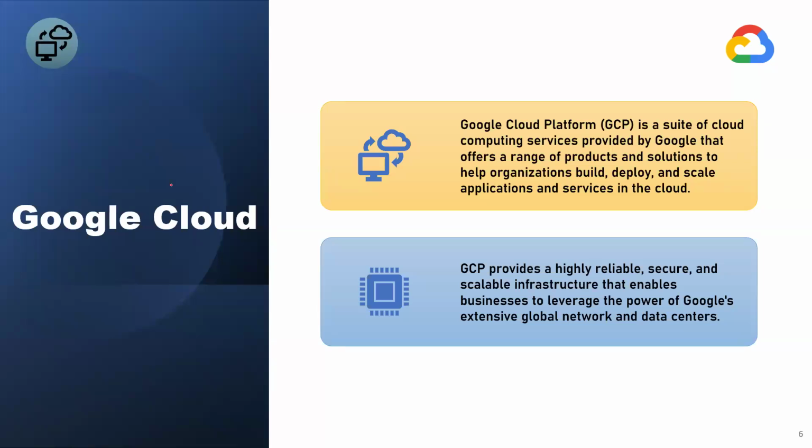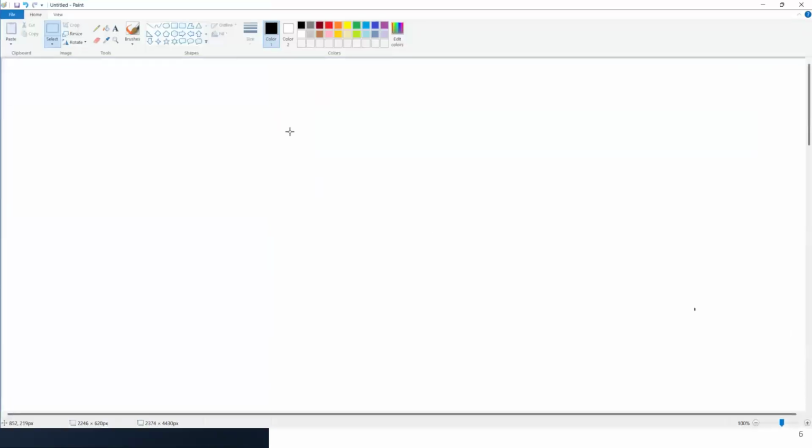So first, we have completed what data engineering is. Let us now see what Google Cloud Platform is, and then we will go to the course content. You might know other cloud platforms, right?